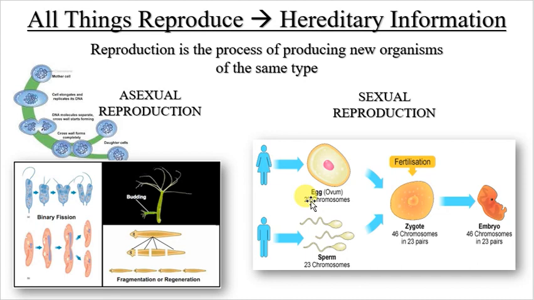So asexual reproduction is when a single parent organism reproduces itself. So it contains both male and female parts, and that parent organism propagates offspring that are genetically identical to it. And you see this a lot in plant species through something called budding, which is this here.